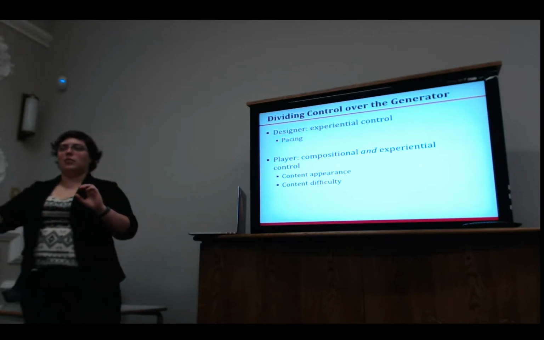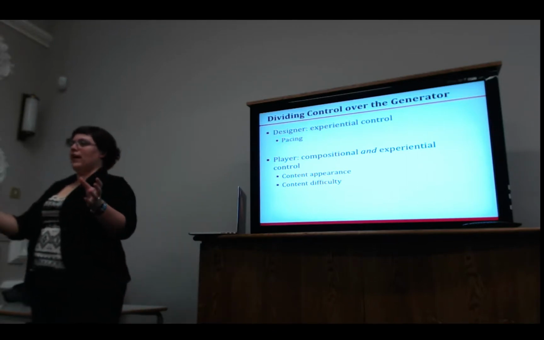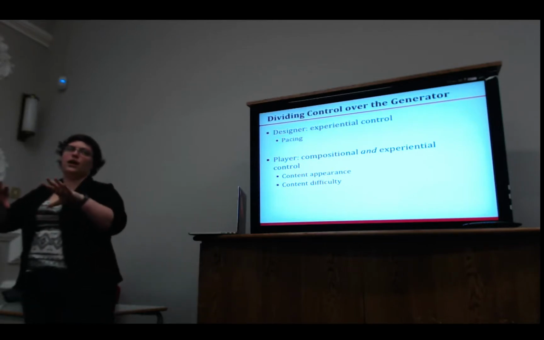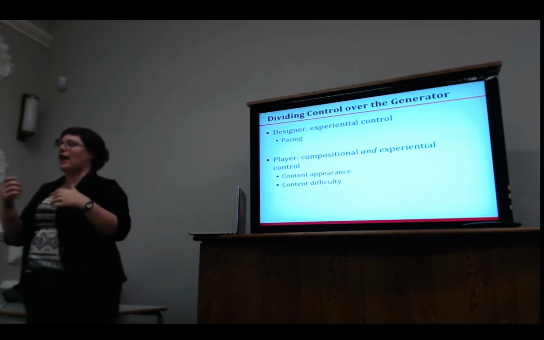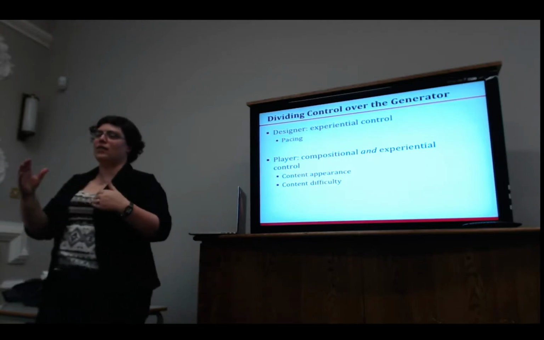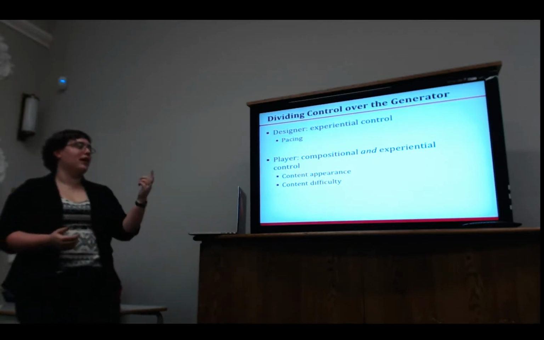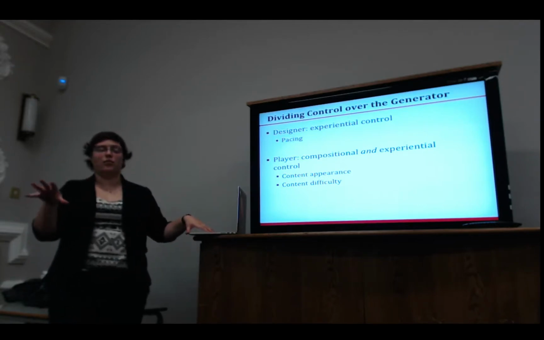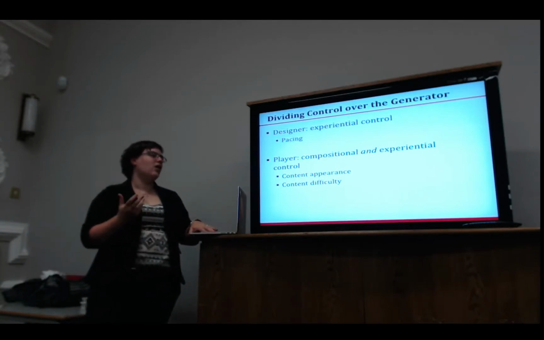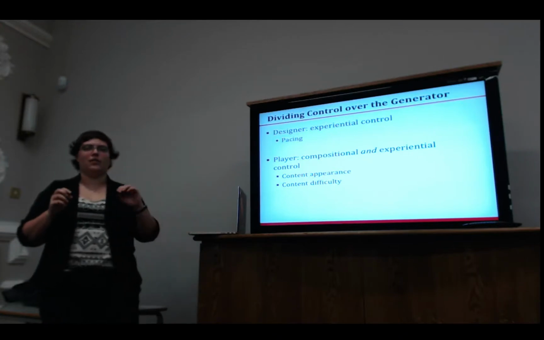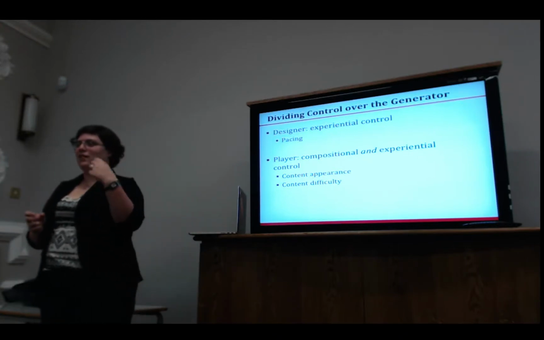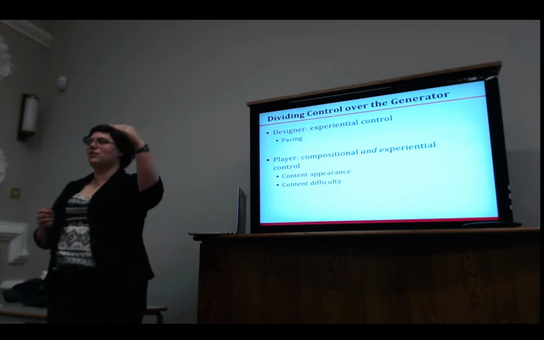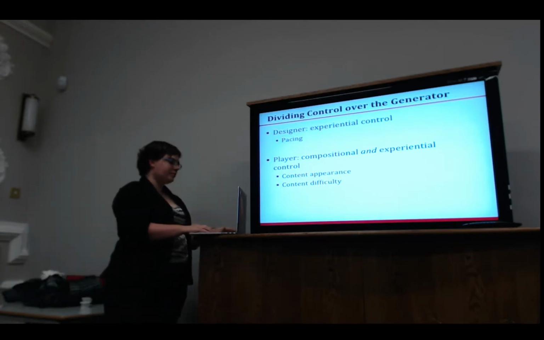The more dreamers you found, the longer the pacing of the game is going to be, and the more sporadically placed the actions you need to take are going to be, to make it a little bit harder. But the player gets to retain compositional control over when different pieces of content appear, and also a little bit of experiential control in that there's difficulty baked into the knowledge representation, right, of different tiers of difficulty of enemies.